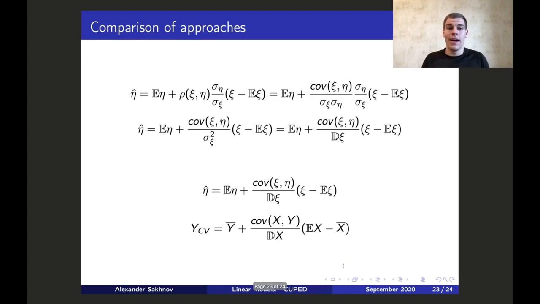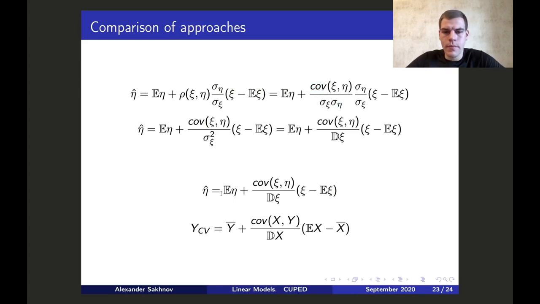Okay, let's compare these approaches. We have got that eta is equal to this formula, and let's replace the correlation by its definition, the covariance divided by the square root of the product of variances.